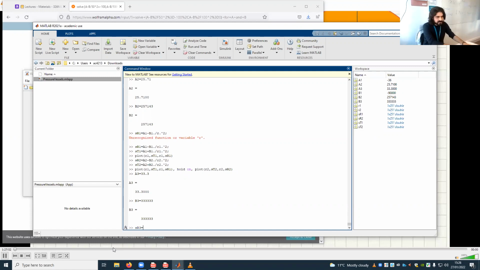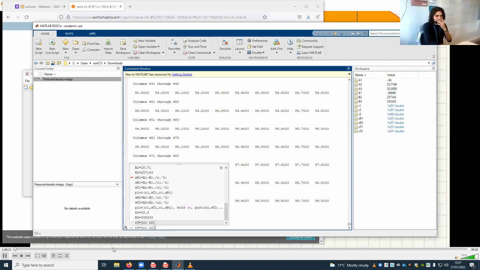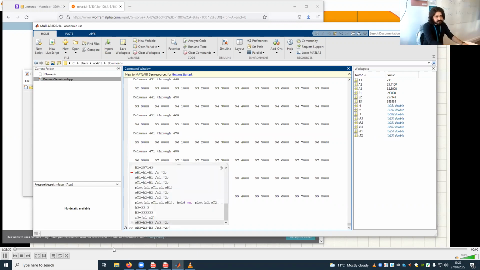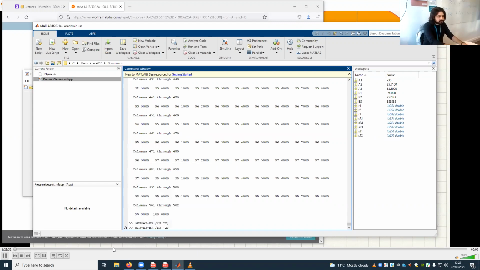So SR3 is A3 minus B3 over R3. We didn't define R3, and I'm going to define it as R1 and R2, because I want R3 over the entire thing. And so if I do this now, that's ST3 with a positive sign.